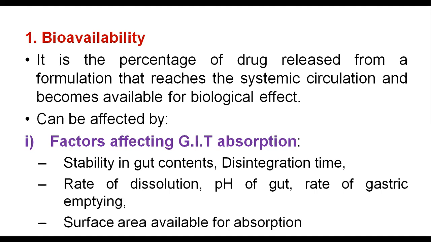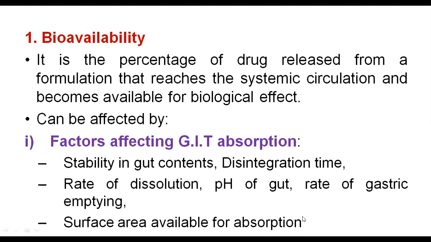Then the rate of gastric emptying, I had given an example of diarrhea. Diarrhea will cause a very fast rate of gastric emptying, meaning there won't be sufficient time for the drug to be absorbed because the rate of gastric emptying is too fast. Then the surface area available for absorption.